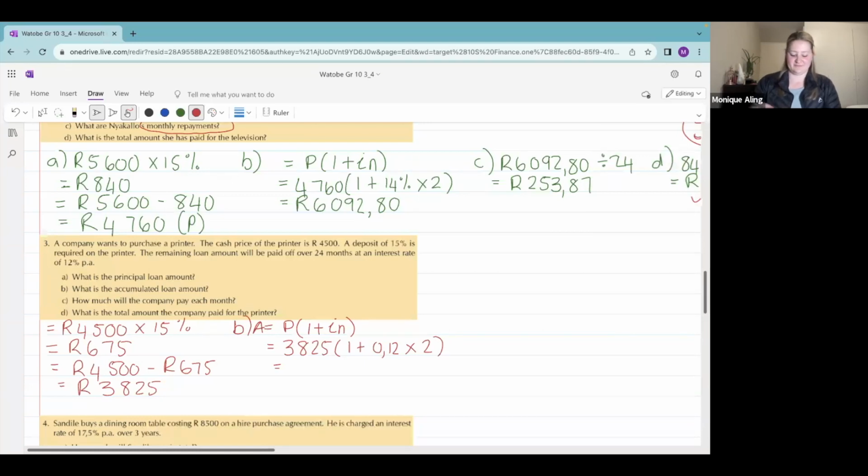And the answer is 4,743. Good, well done. Okay, so now this is how much the printer is going to cost. The loan amount is going to be 4,743. Thank you. Well done.